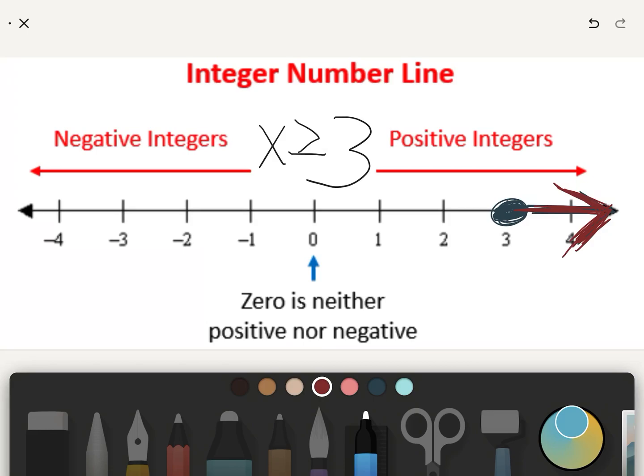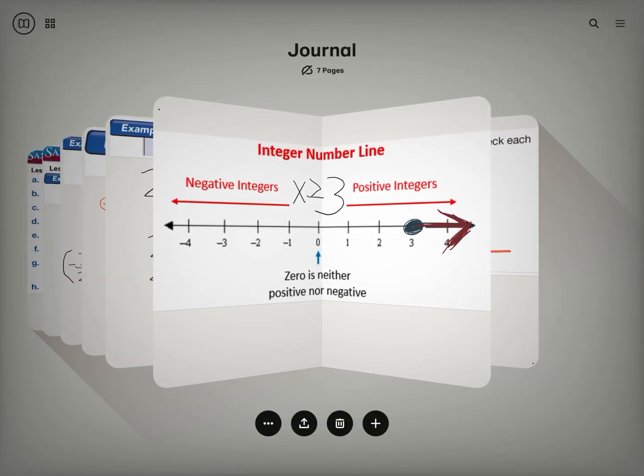If it was just greater than, it would be an open circle. If it's equal to or greater than, then guess what? You need to do a solid circle. Okay, good talk.